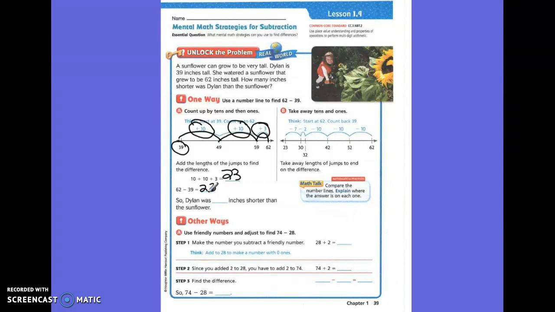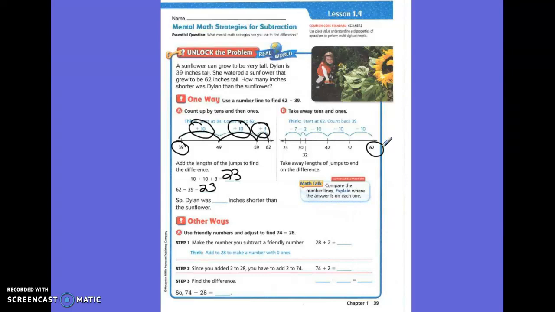Now, another way to do this is to start at the end of the number line. You will start with the number 62. And then you can jump back by tens until you jump back 39.